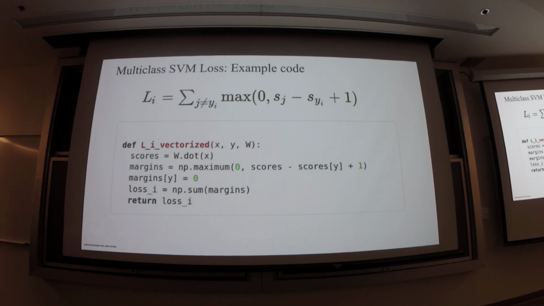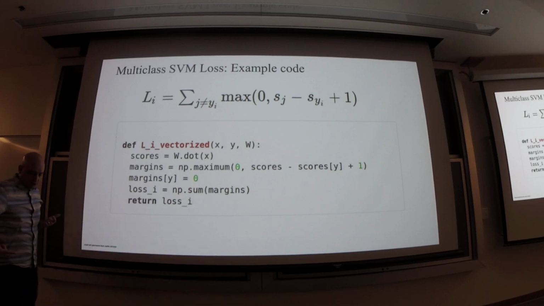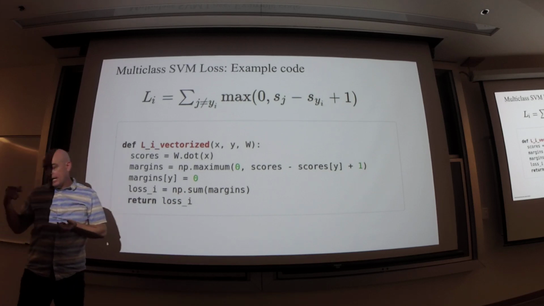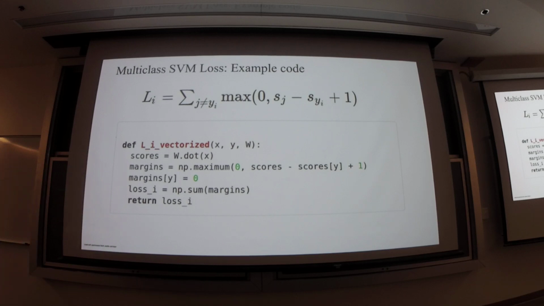This is not Python, of course, but the good news is this is a vectorized way of computing this. This is very fast, and as you do the homework over the next couple of weeks, there's going to be a lot of implementing this kind of thing in a naive way. Now do it vectorized. Make sure you're getting the same answers as when it was naive, and then see how much faster it is. There are going to be multiple levels of how to vectorize these things.